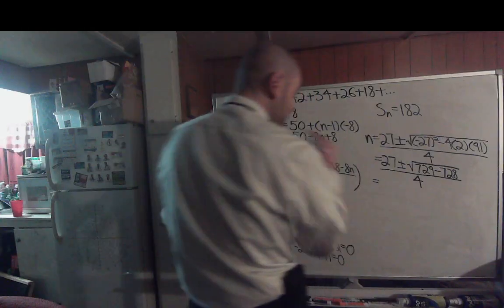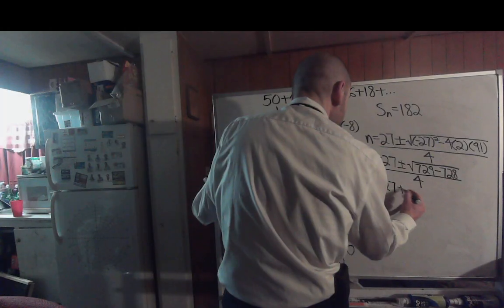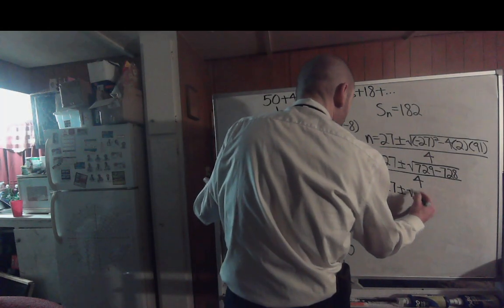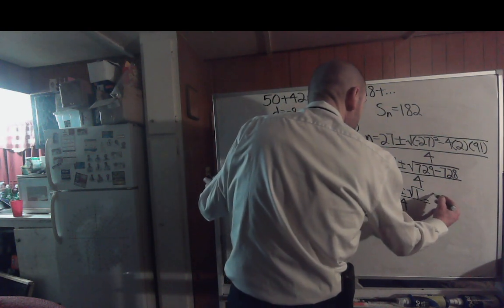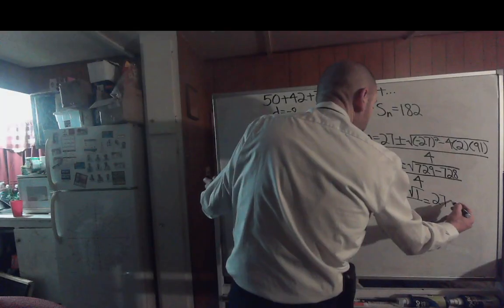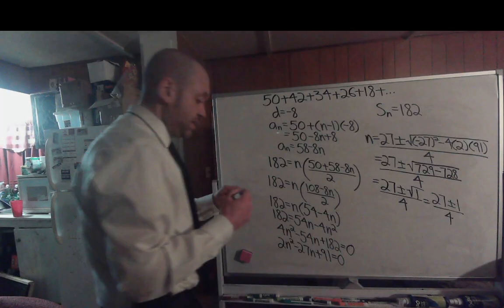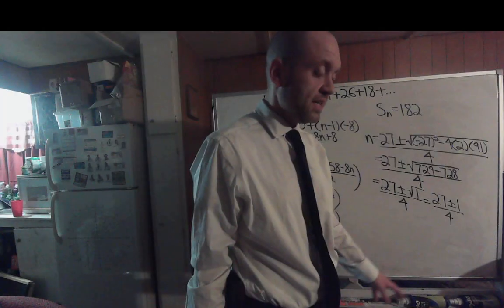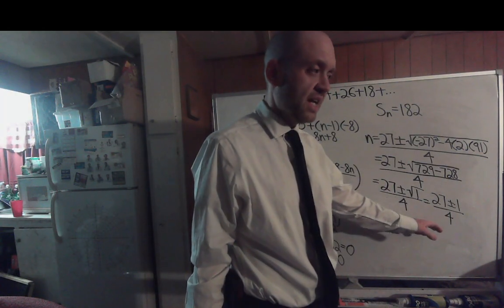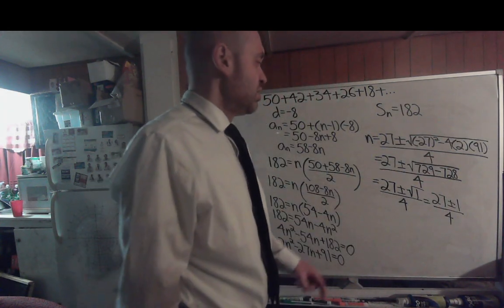So what you'll get then is going to be 27 plus and minus the square root of 1 over 4, which would give you 27 plus and minus 1 divided by 4. But here's the thing. If we do 27 minus 1, you'll have 26 over 4, which would give you 13 halves, or the 6½ term.